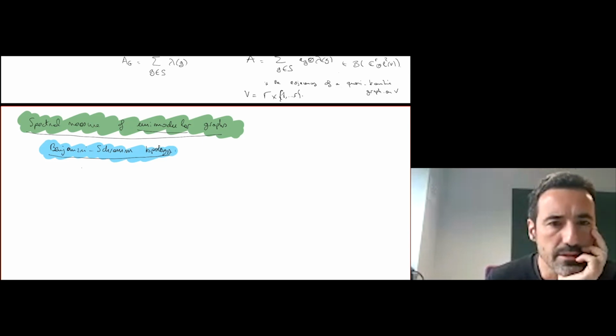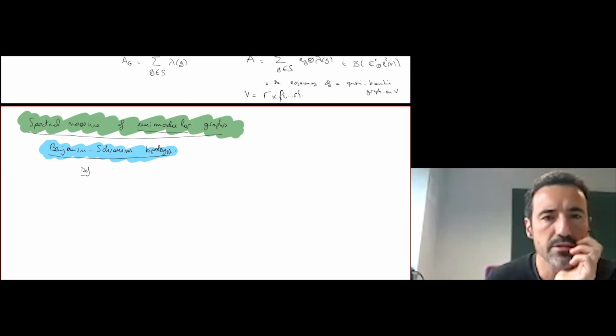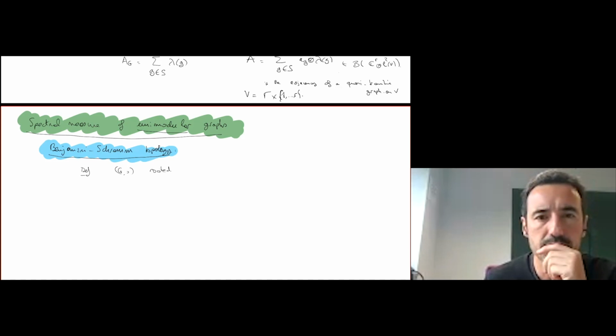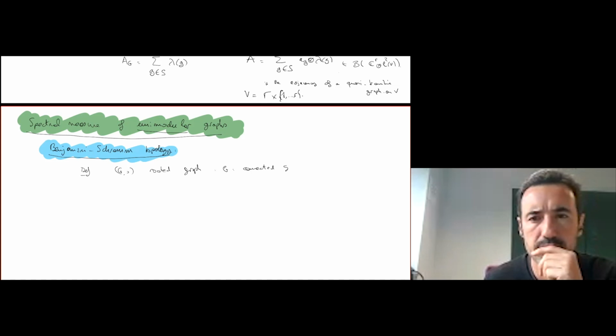So first definition, what is a rooted graph? We saw it last time, but I repeat it: G is a connected graph, and O is a vertex of G, called the root, a distinguished vertex.